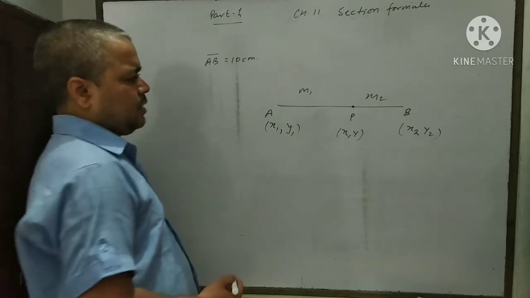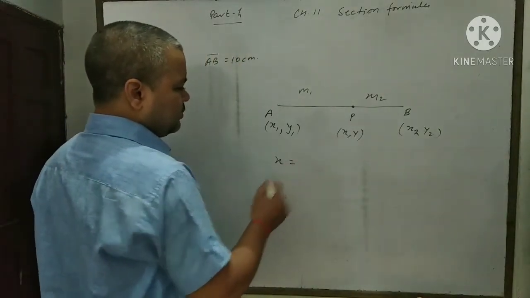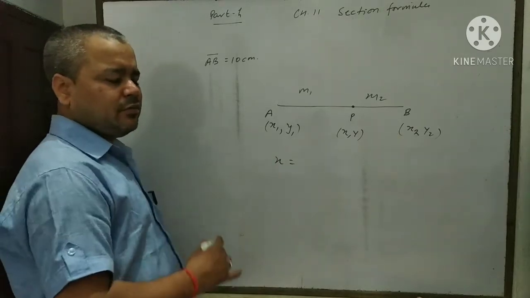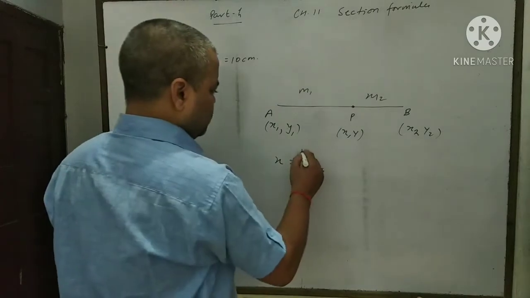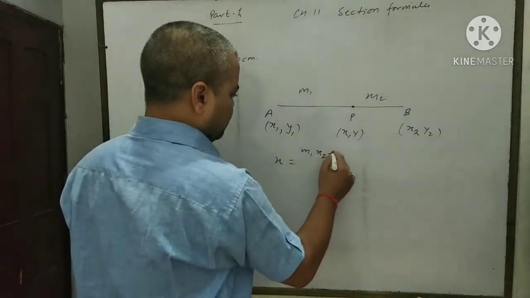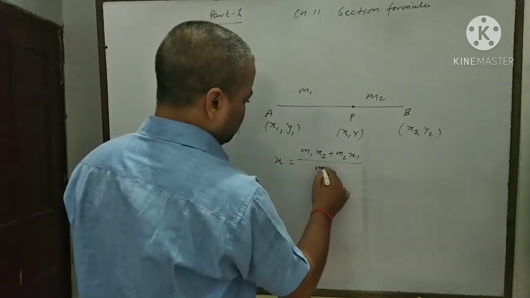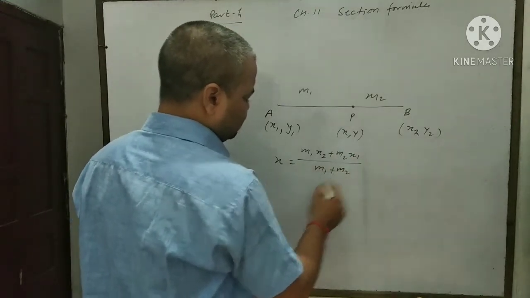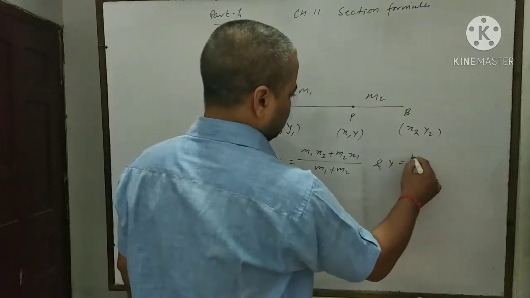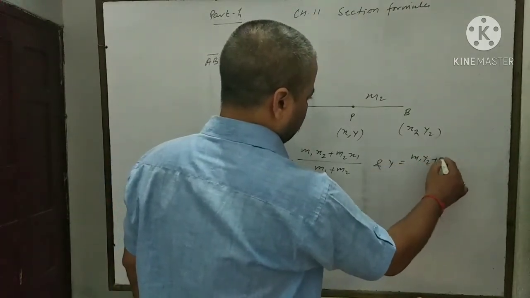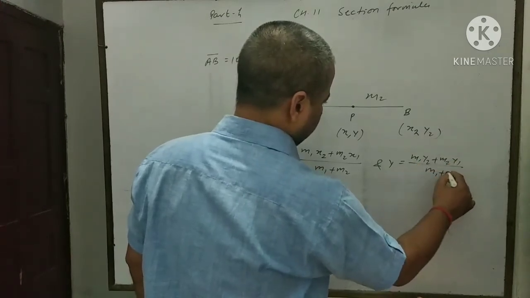In that case, I will directly write the formula. X coordinate is equal to m1 x2 plus m2 x1 upon m1 plus m2, and y coordinate is equal to m1 y2 plus m2 y1 upon m1 plus m2.